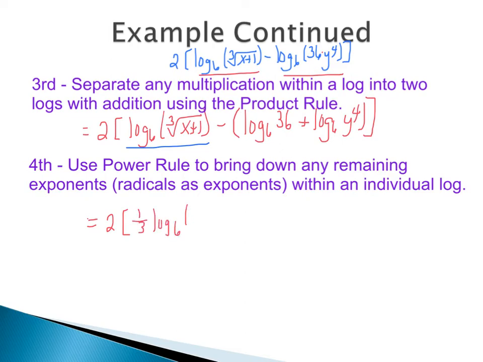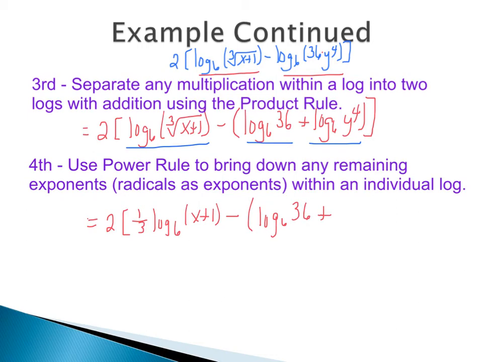log base 6 of x plus 1, so again I'm putting it in parentheses to show that we're taking the log of the entire piece, minus our second log that we have, this log base 6 of 36. I don't have any exponents, so that can just stay the same. And then the last log that we have is this log base 6 of y to the 4th.